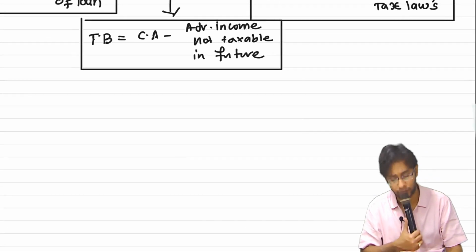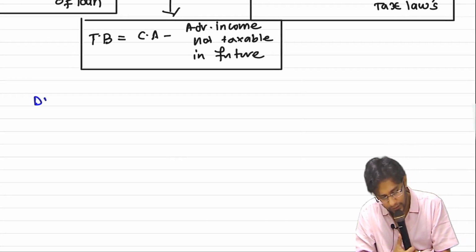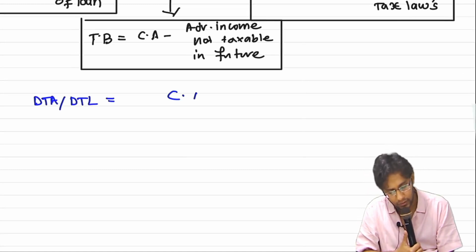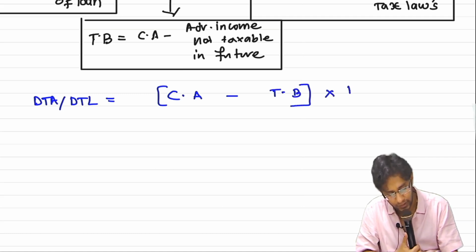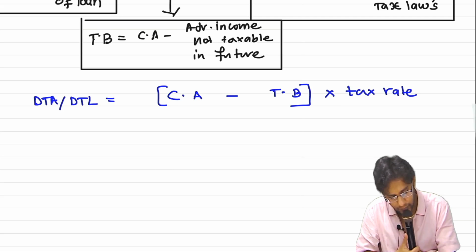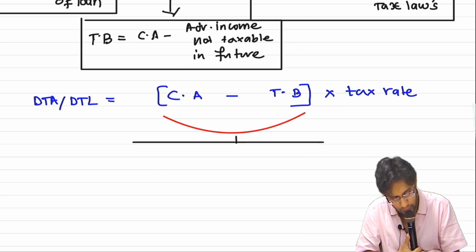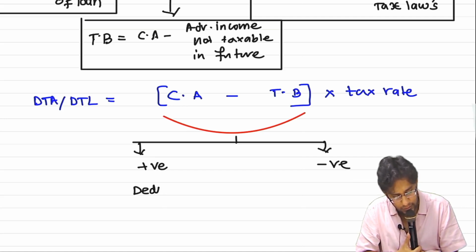Now coming to whether the answer should be a DTA or DTL. What is the general formula? (CA minus tax base) into tax rate. So the rule is: if this number is positive, we will call it deductible temporary differences.